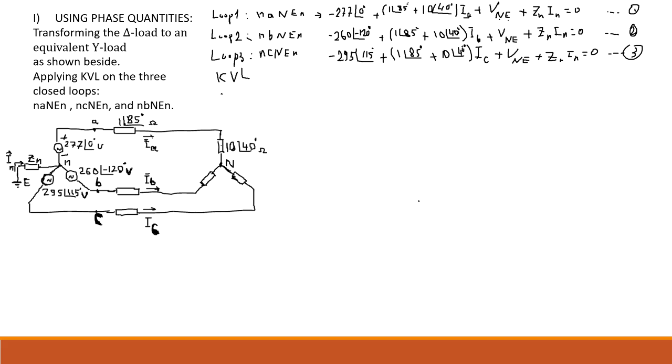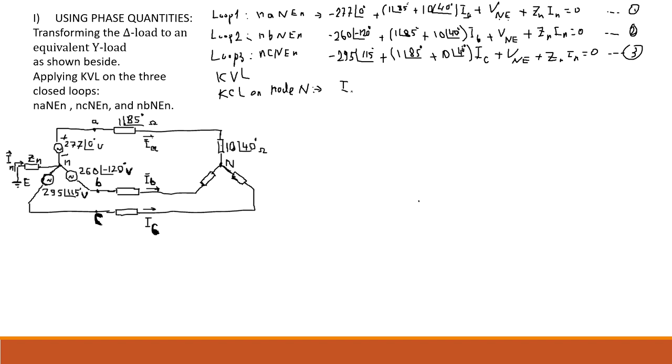Now applying Kirchhoff's current law at node N, the neutral point of the load, the summation of the currents is equal to the neutral current.